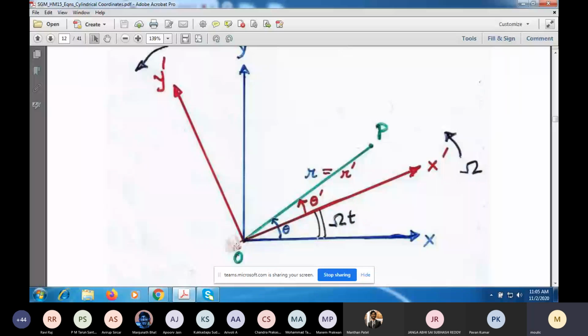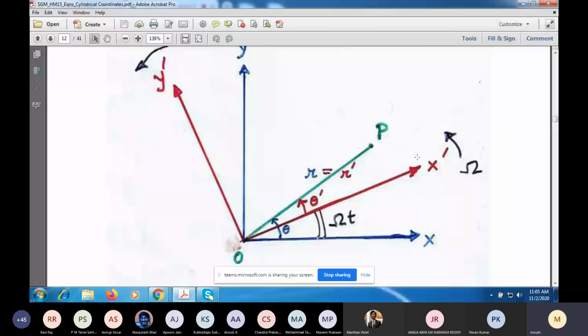So if you have a point P, its radial coordinates R and R prime are the same. Similarly, Z and Z prime will be the same. But the angle theta is measured from the axis OX. It is the angle between the line segment OP and OX. Whereas theta prime, the angle measured in the rotating coordinate system, I'm using cylindrical coordinates, is the angle from OX prime to OP.